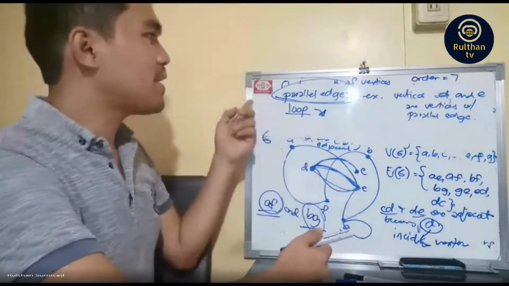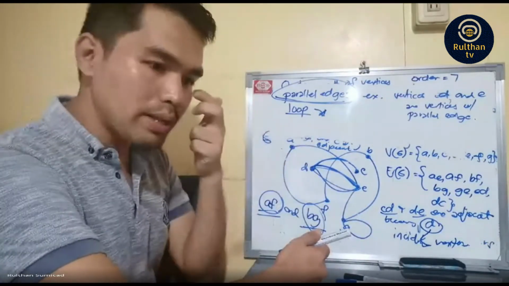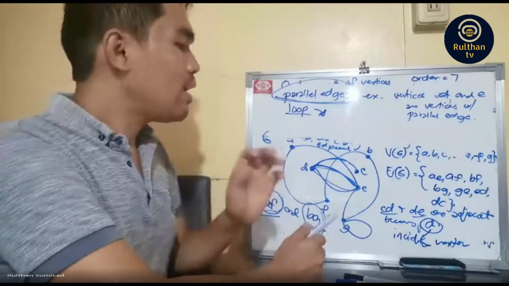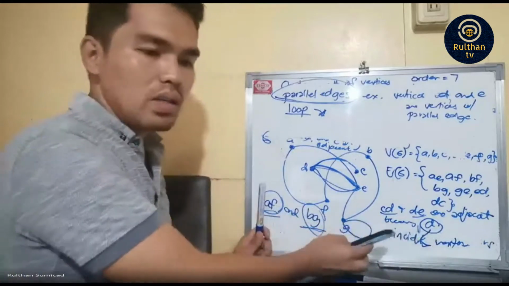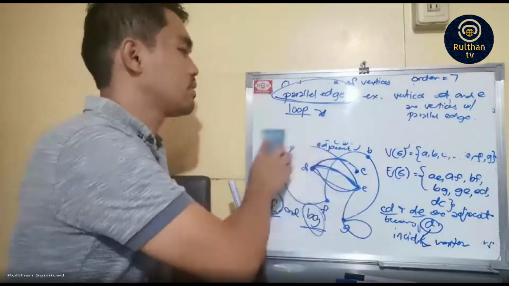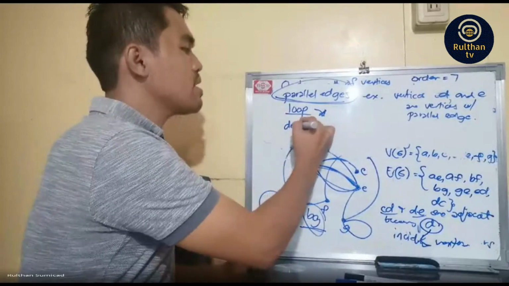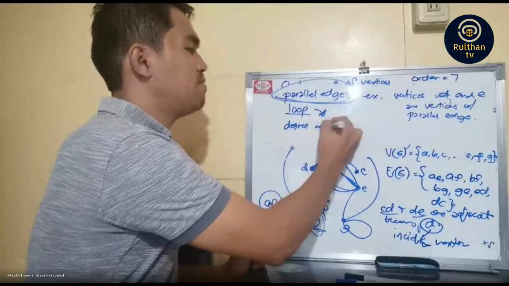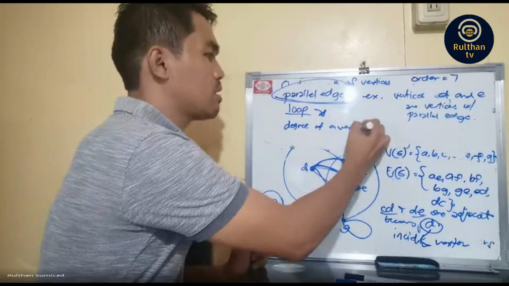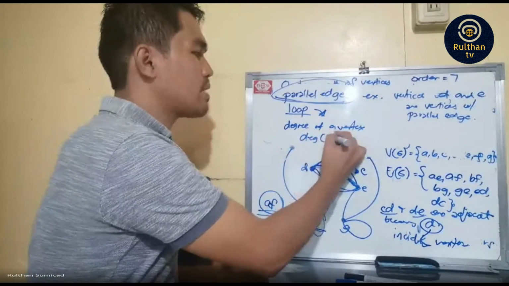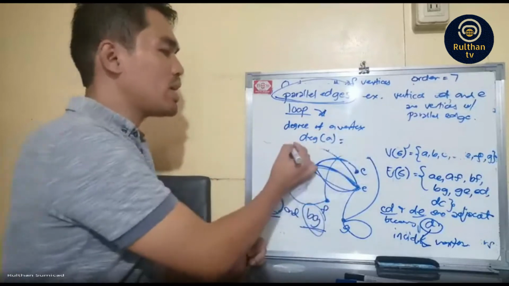Question. So we discussed already parallel edges. We discussed also what a loop is. Now let's talk about the degree of a vertex. The degree of a vertex, which is known as deg, and then let's say A. A here is your example.